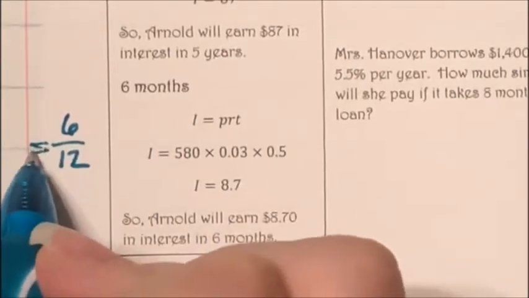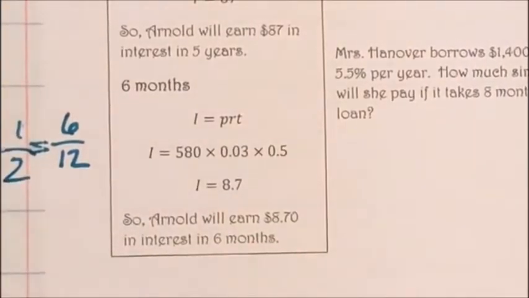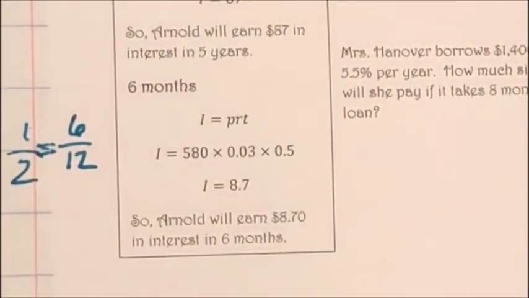This simplifies to 1/2, which is the same thing as 0.5 as a decimal. So that's where I get the 0.5 from. I'm going to take 580 times 0.03 times 0.5, and that gives me 8.7. So Arnold will earn $8.70 in interest in 6 months.